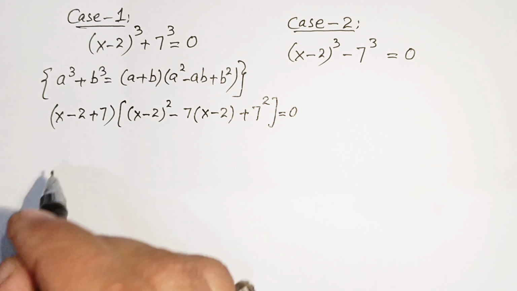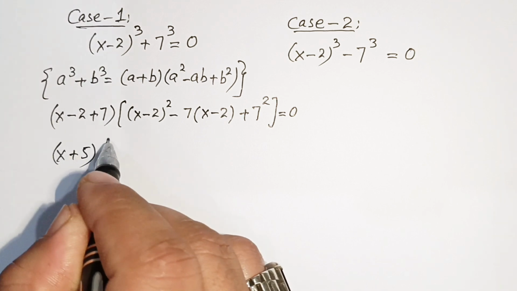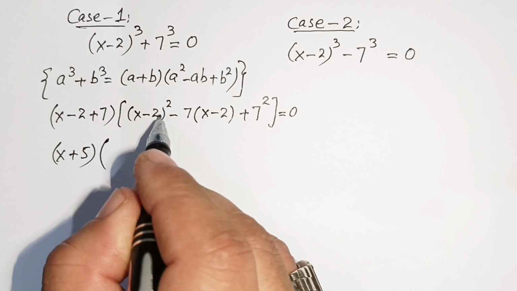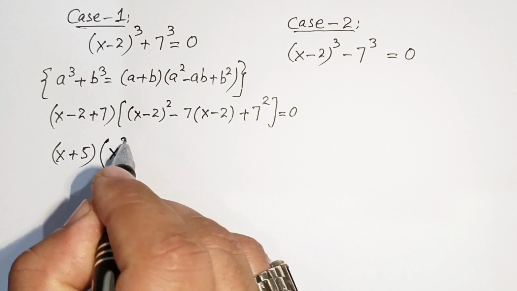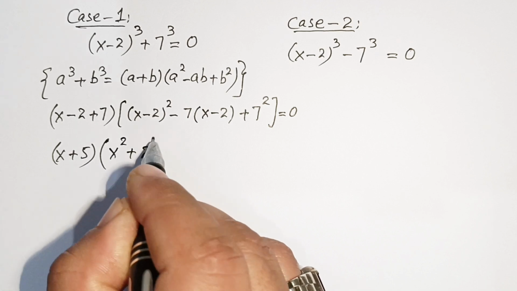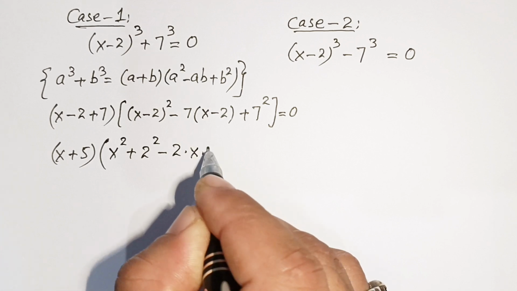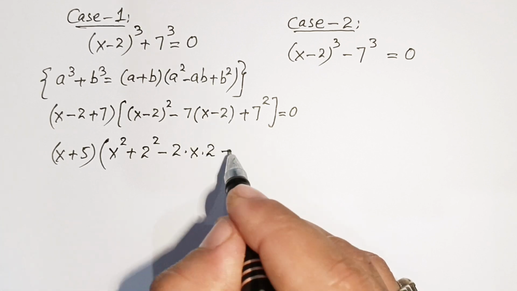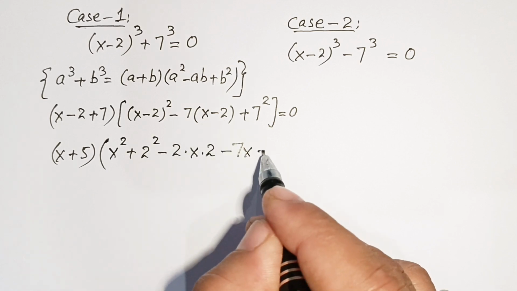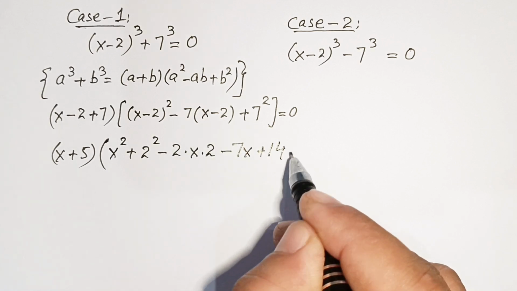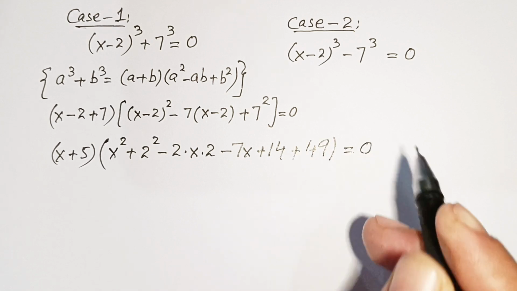Now we have x plus 5 times, here (x minus 2) squared, which is (a minus b) squared, will be equal to x squared plus 2 squared minus 2 times x times 2, and here we have minus 7 times x is 7x, minus times minus is plus, 7 times 2 is 14, plus 7 squared is 49, that is equal to 0.